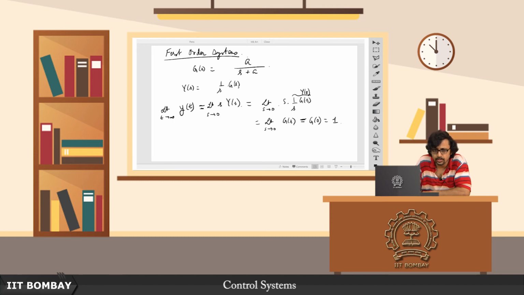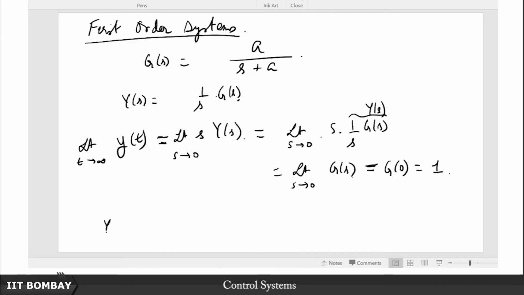So now having seen this, let us look at what the actual Laplace inverse of this would be. We have seen why we have put this A here, so that the steady value is normalized, but now that we have come this far, this is pretty simple really. So Y(s) is equal to A over s times s plus a. I actually do this using some mental calculation instead of the usual methods of partial fraction expansion.